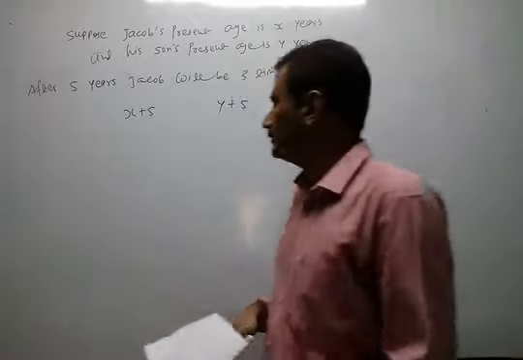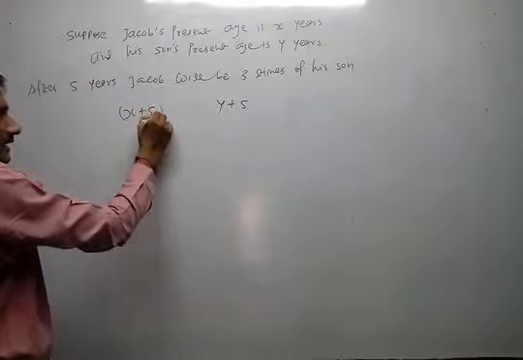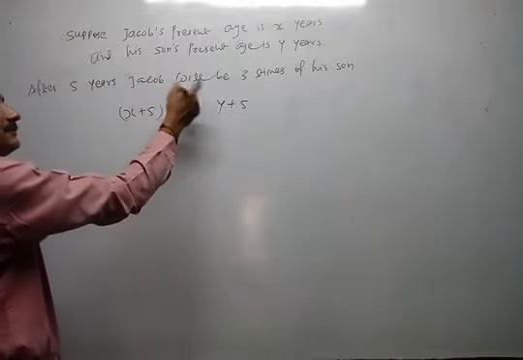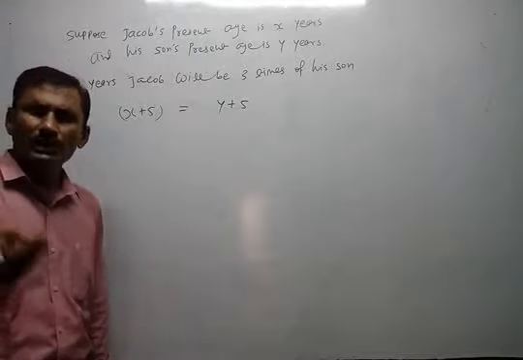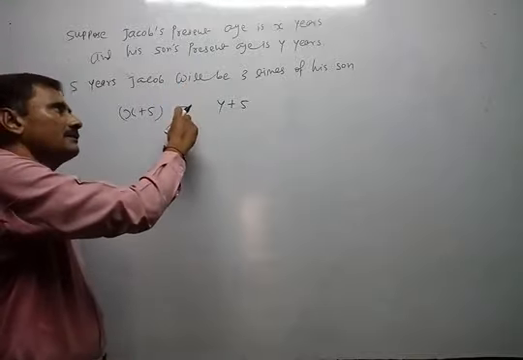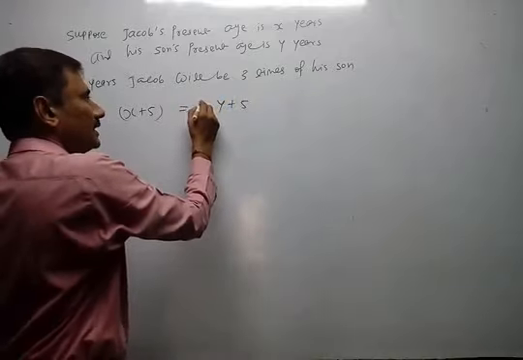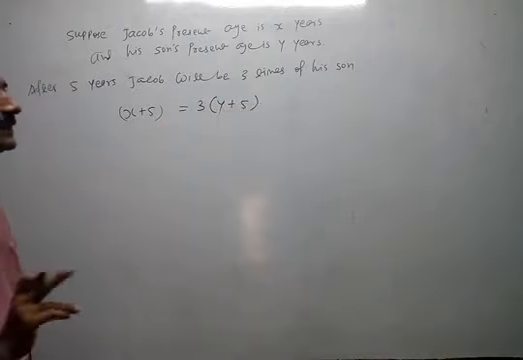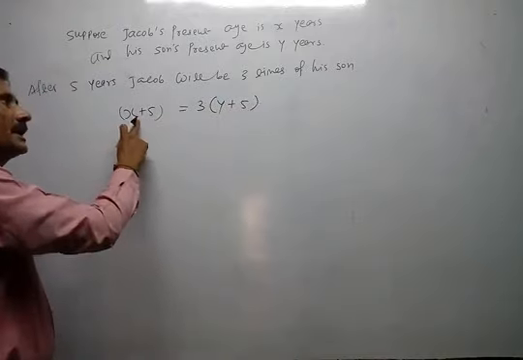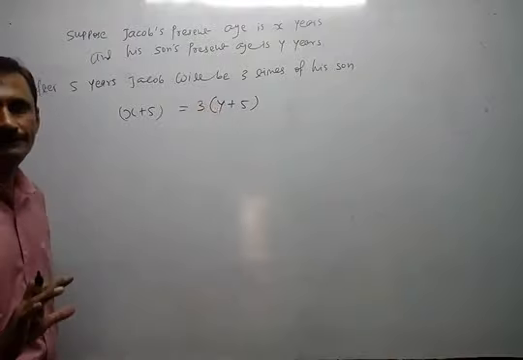Now they tell that after 5 years, Jacob's age will be equal to, whatever the auxiliary verb, means equal, 3 times of his son, meaning 3 times the age of his son. So the father's age will be 3 times the age of his son.